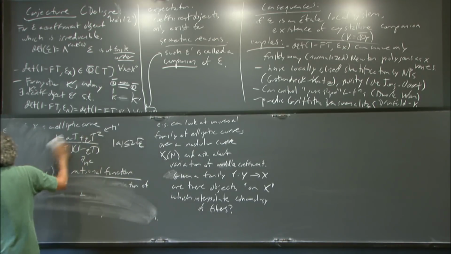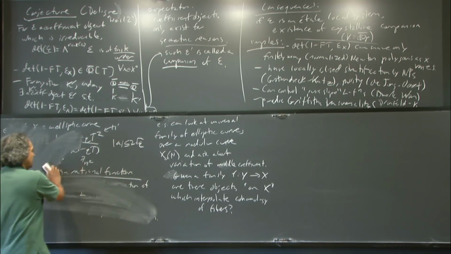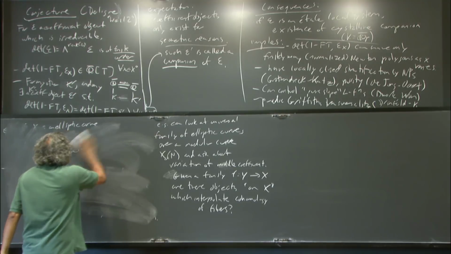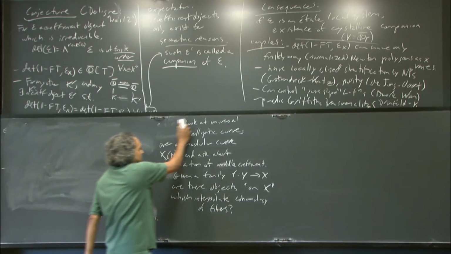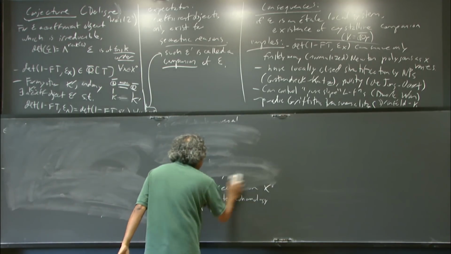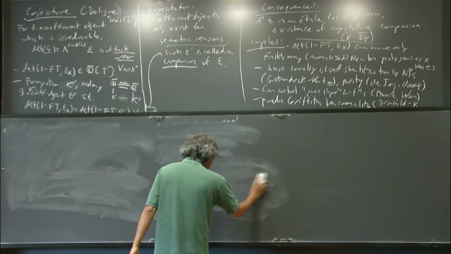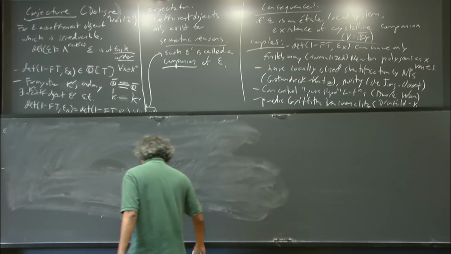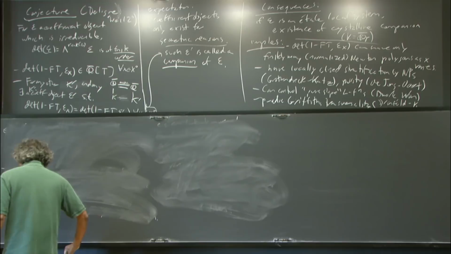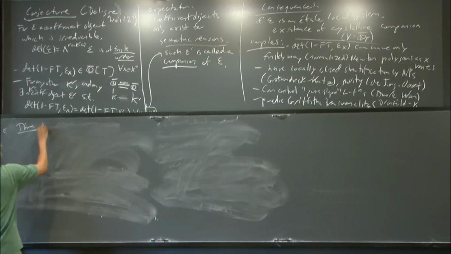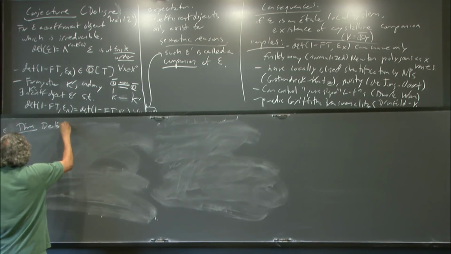OK, so how many, I have like 7 minutes or something. So the theorem is that Deligne's conjecture is true. Let me break down the different components of that. So, theorem: Deligne's conjecture holds.